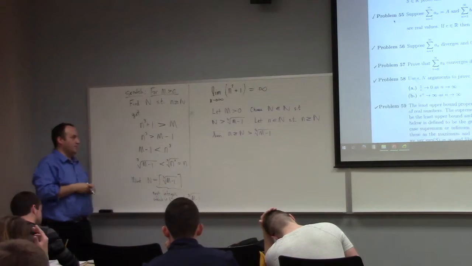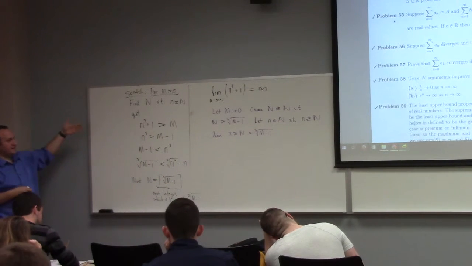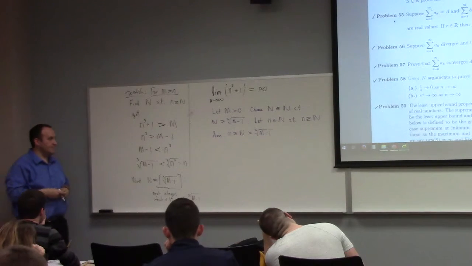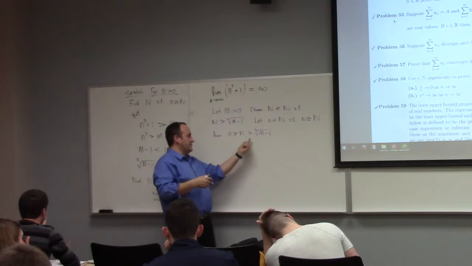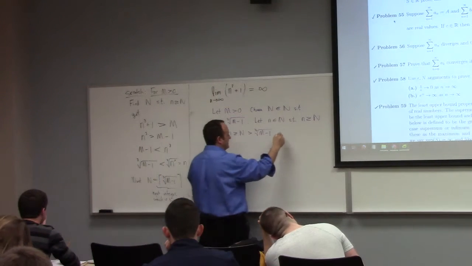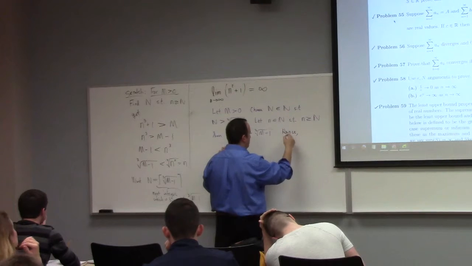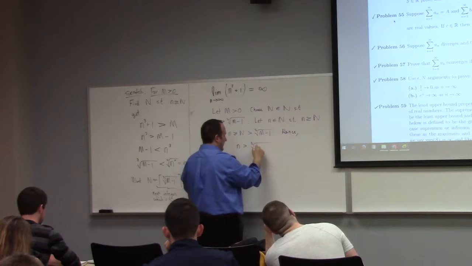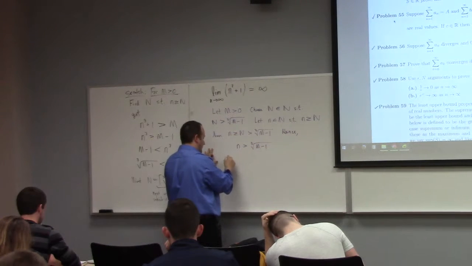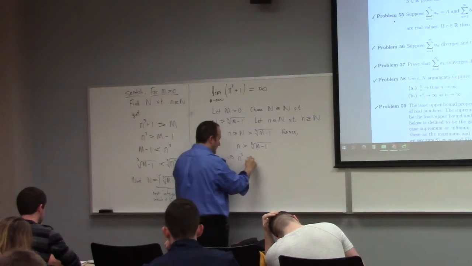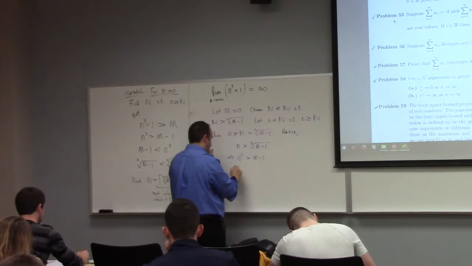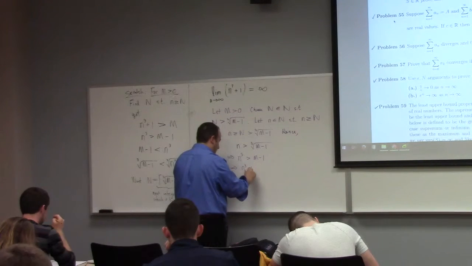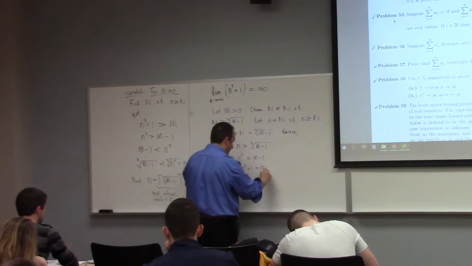So in the purple proof, I'm going to go through the same logic, but essentially unpacking this. It's the reverse logic. So, n is greater than or equal to that. Thus, n is greater than the cube root of m minus 1, which of course implies that n cubed is greater than m minus 1, which implies that n cubed plus 1 is greater than m.